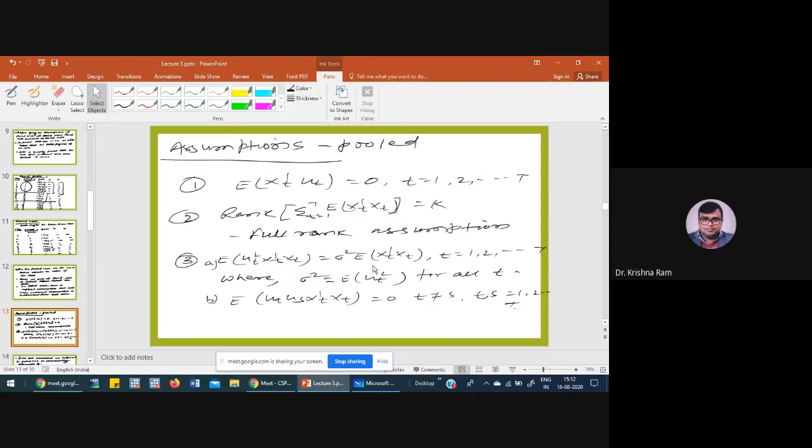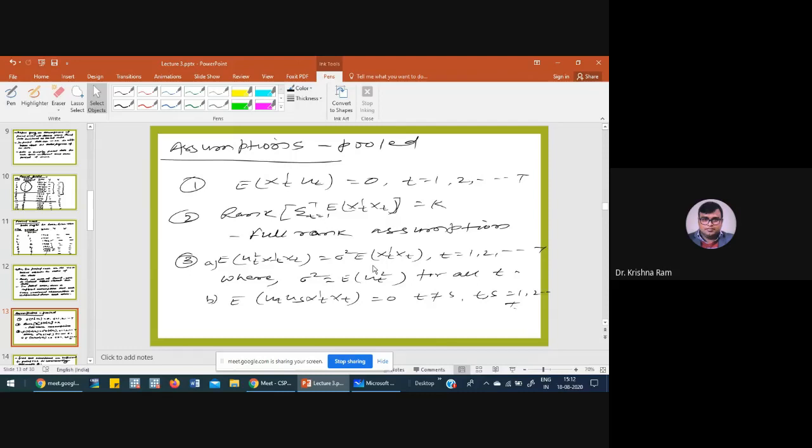Okay. So let's discuss the assumptions of the pooled regression model. First and foremost, we assume no correlation between the explanatory variable and the error term. That is, the expected value of x prime t u t equals 0 for all t. The second one is the full rank assumption, and this is needed for identifying each parameter.